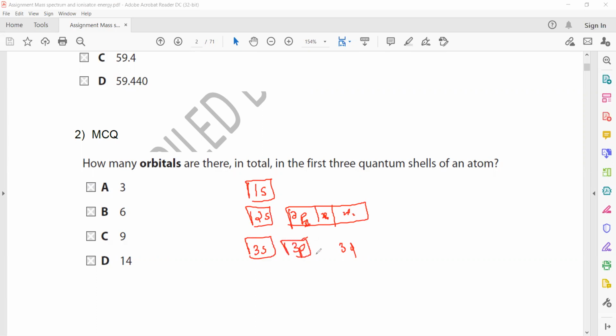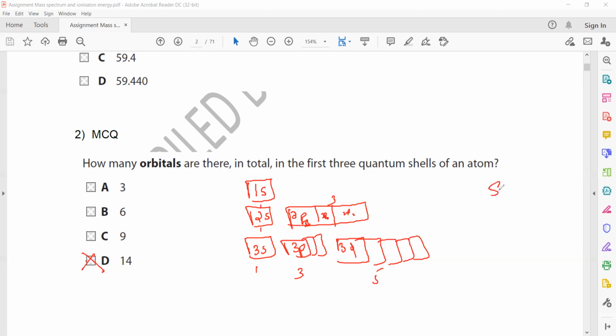Then 3p is divided into 3px, 3py, 3pz, and 3d is divided into 5. So this is 5, 3, 1, 1, 1, and then 3. So 5 plus 3, 8, 9, 10, 11, 12, 13, and 14. So the total number of orbitals present in the first 3 quantum shells is 14.